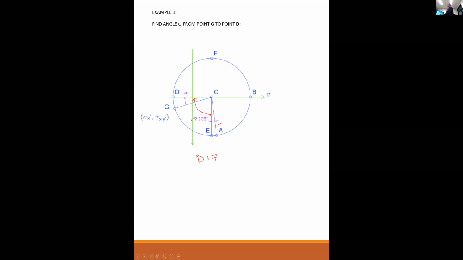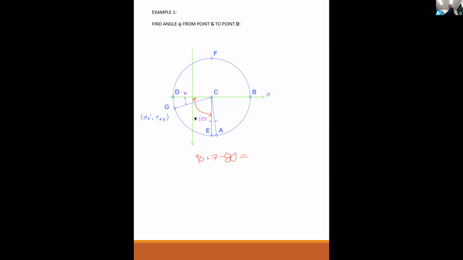What's that angle from A to G? From A to G is the problem statement, 40 degrees. But on the circle, that's minus 80 degrees. Okay, so I started here and I went here, then here, and then back to here. And what I'm left with is psi, 17 degrees.